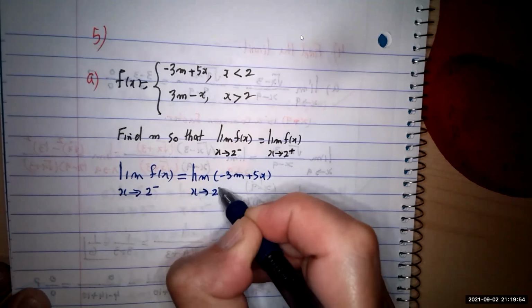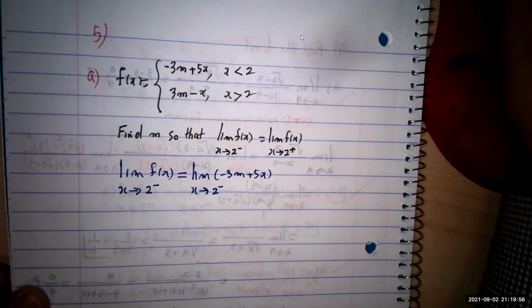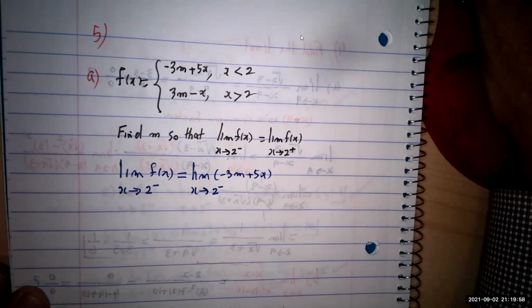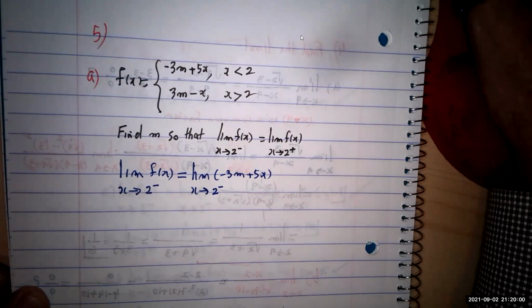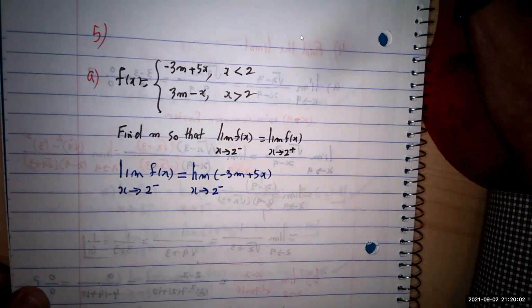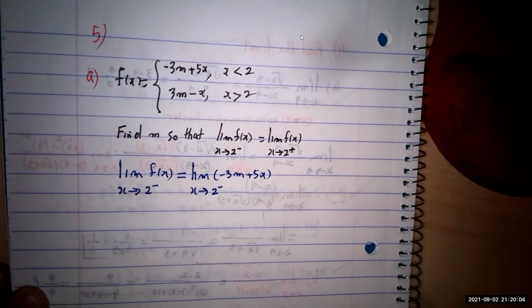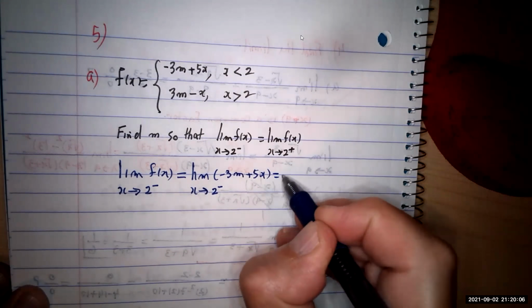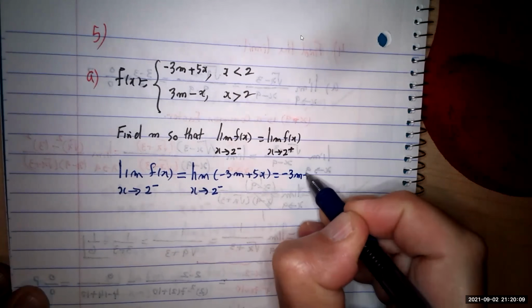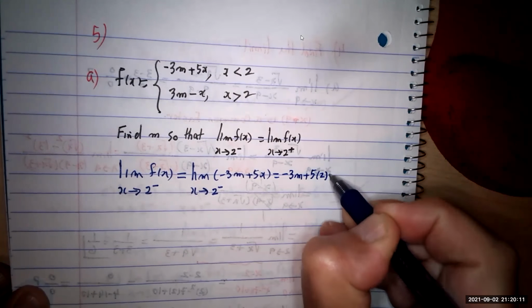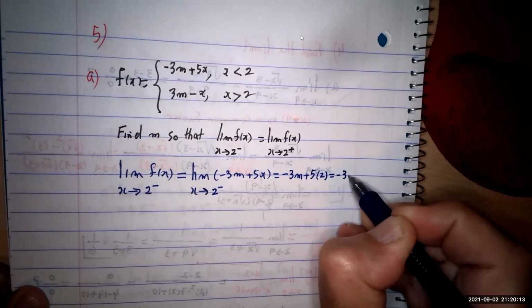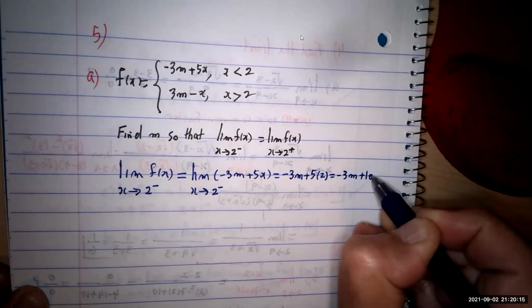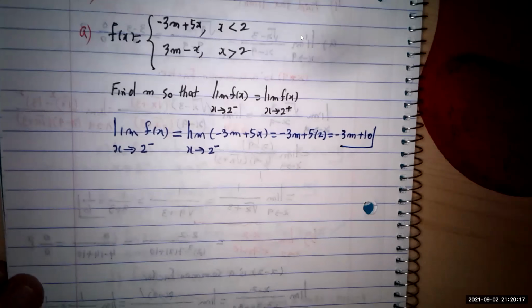Now substitute x equal to 2. That is going to be negative 3m plus 5 times 2, which is negative 3m plus 10. Keep this one. That's the left.